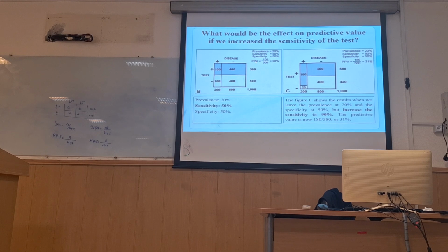In this scenario, positive predictive value is 20%. But in the other scenario, prevalence is 20%, sensitivity is 90%, and specificity is 50%.